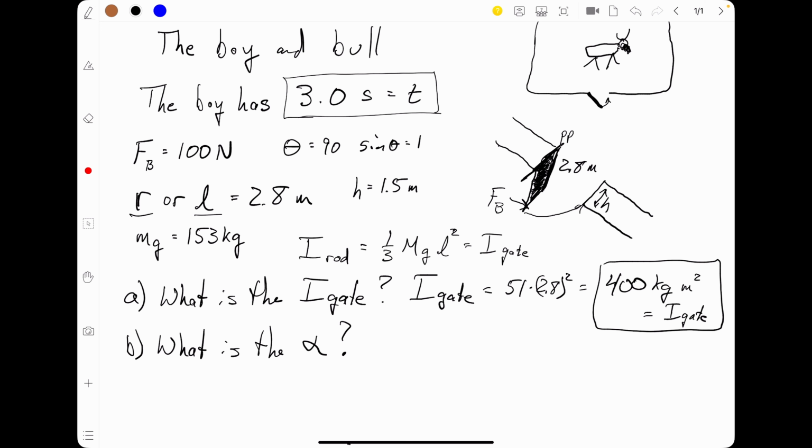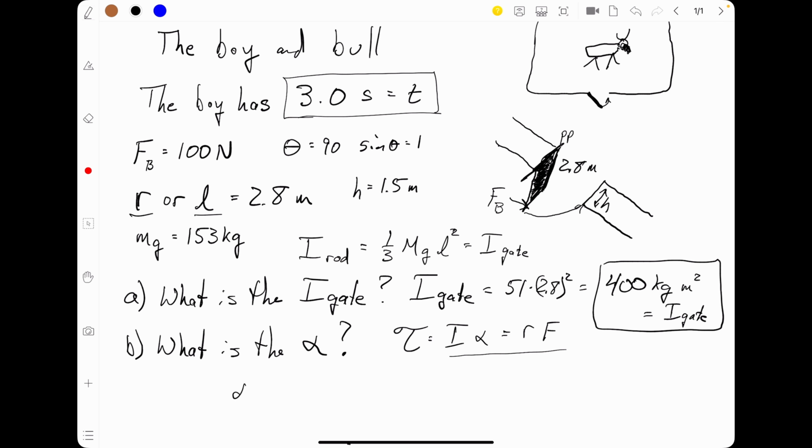a couple of things here. We've already said earlier that the torque is equal to I alpha, but we also know that the torque is equal to the radius times the force, especially when it's perpendicular, because we don't have the sine. The sine of theta is 90, so the sine is 1. So we have this equation, and we know all those things.